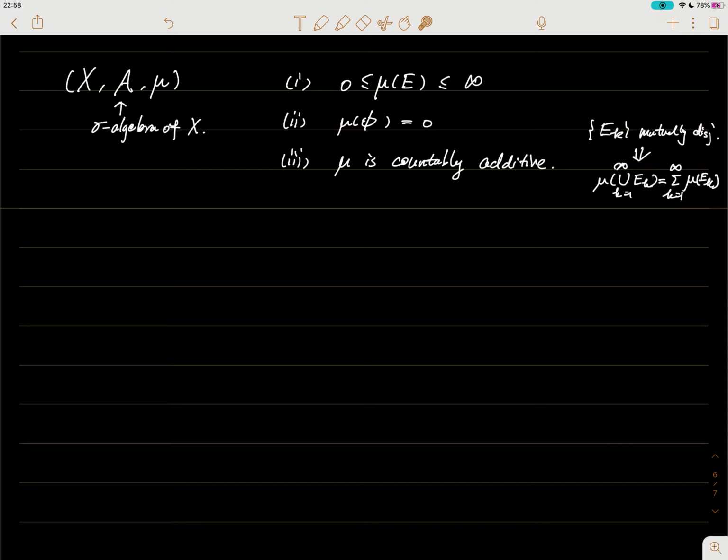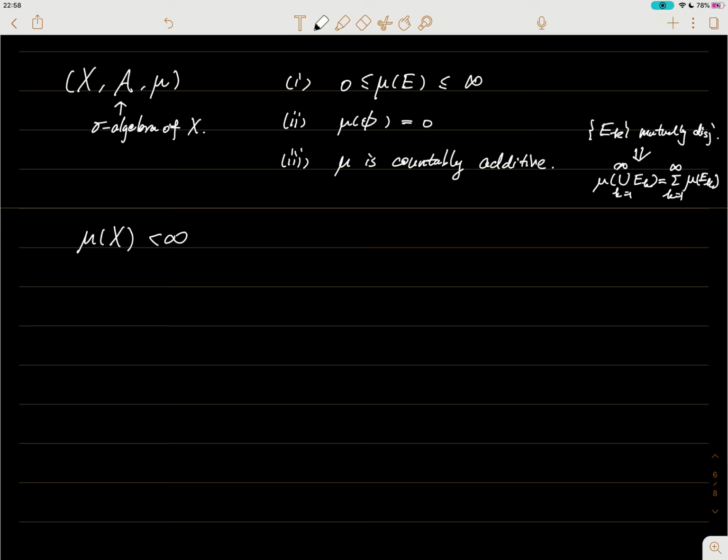Okay, so in this case, we can also construct a Lebesgue measurable space. So this X doesn't have to be the Rn, but we only focus on the n-dimensional Euclidean space in this course. Okay, and in particular, we call this space finite if the measure of X itself is finite.